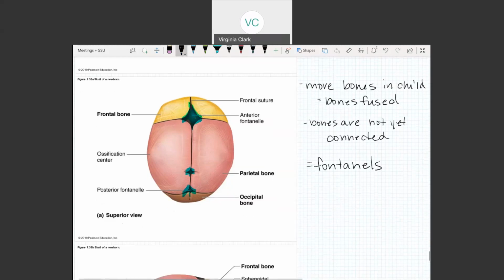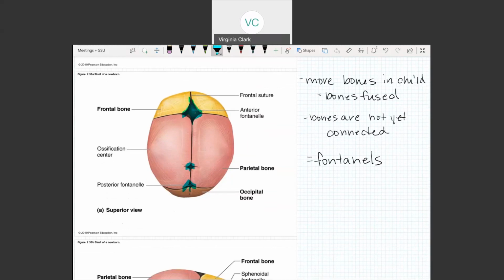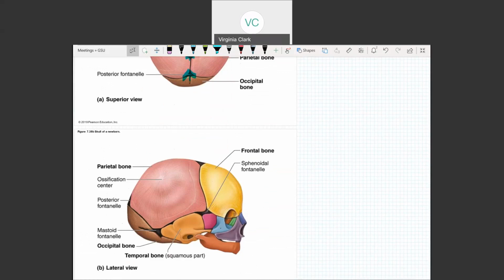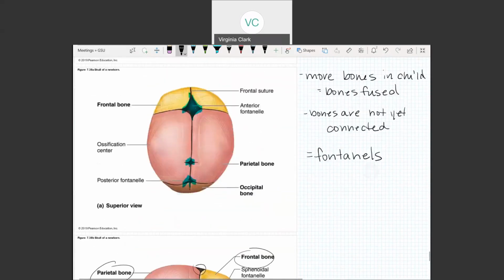You do need to know all of the fontanelles and where they occur in the skull. You can see this is the skull of the newborn that matches the adult coloration to be able to give you this is the frontal bone, the parietal bone, the occipital bone, and the temporal bone, and the fontanelles are within all of these, where they connect between these. So you do need to know the fontanelles.